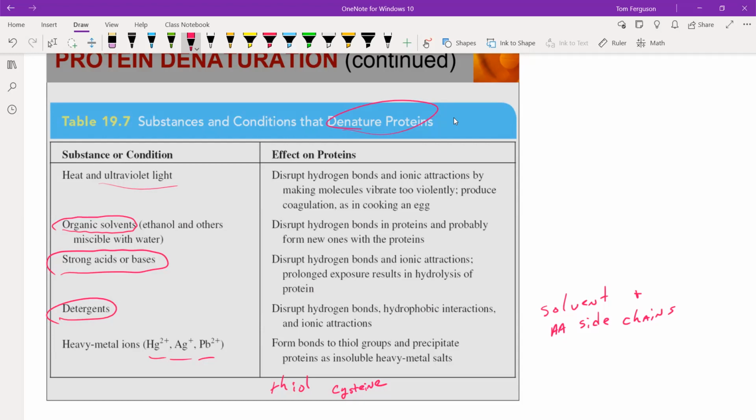It depends on how much of these you add to the protein. If you do a tiny, tiny bit, your protein can kind of survive, except for heavy metals, because these permanently bind.